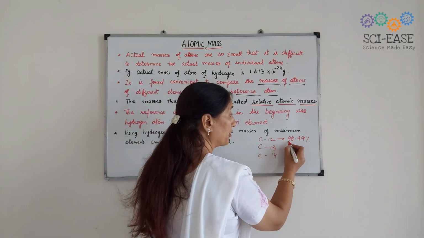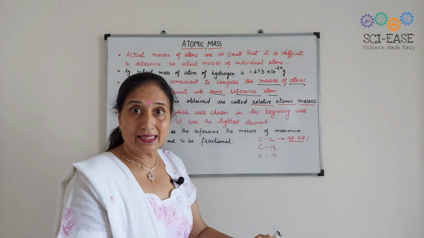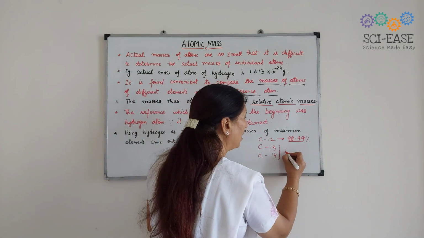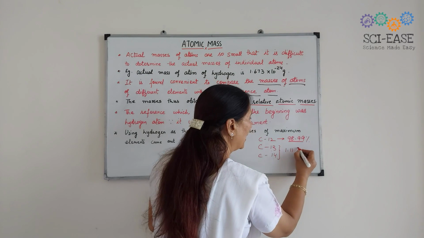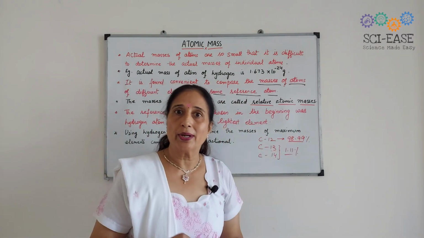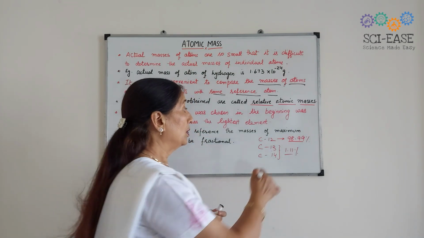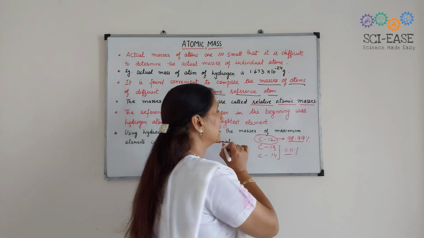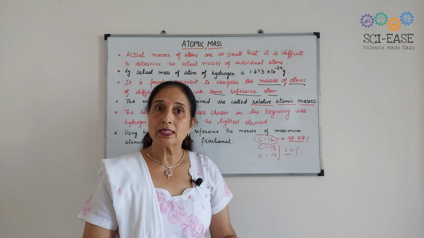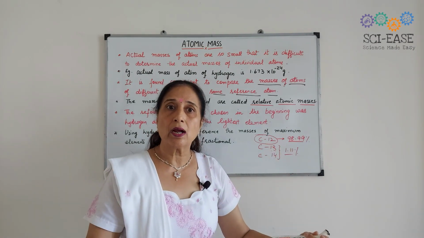This isotope contributes a lot, meaning it is in abundance. These other 2 isotopes are only 1.1% in total. So carbon 12 was taken as a reference element. Why? Because it is abundant in the environment.